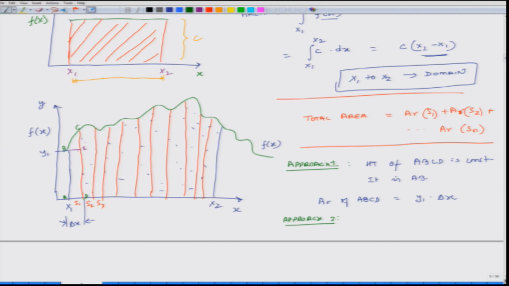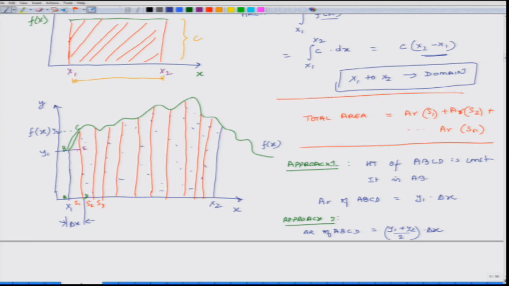So if I treat it as a trapezoid, then I draw a straight line between B and C, and suppose the height at point C is y2, then the area of ABCD is (y1 plus y2) by 2 times delta x. So this is the second approach.